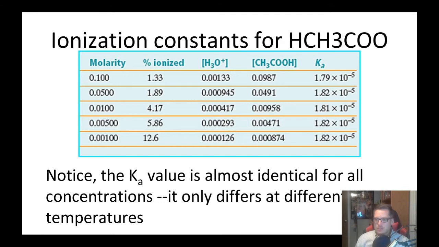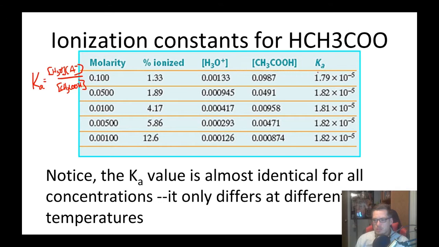For any given row, we know the Ka for acetic acid when it breaks down is going to be the concentration of H3O plus times the concentration of the acetate, CH3COO minus, over the concentration of the acetic acid, CH3COOH. We can use these values to figure out what our Ka value is.